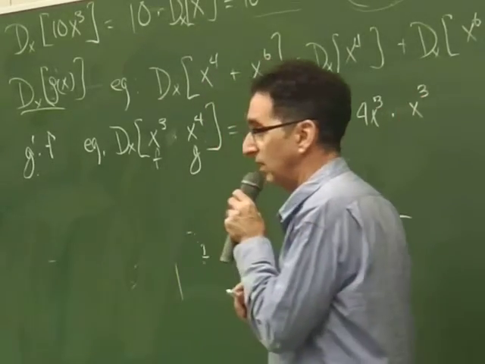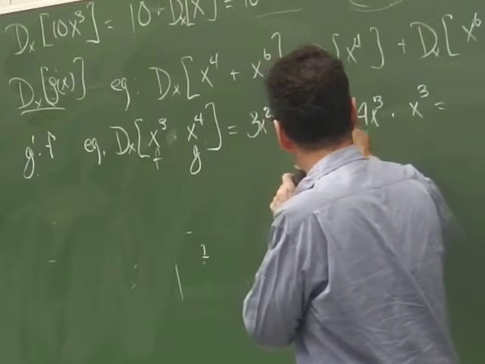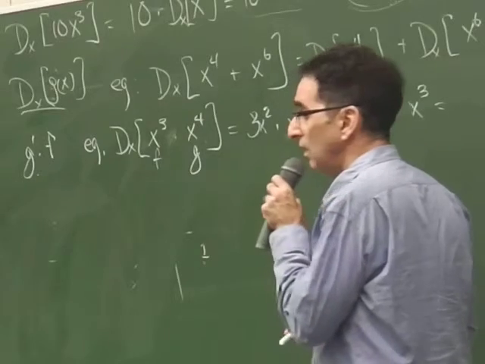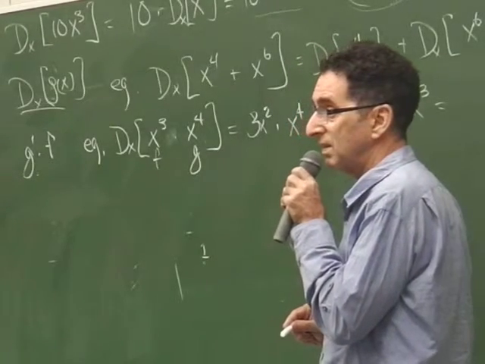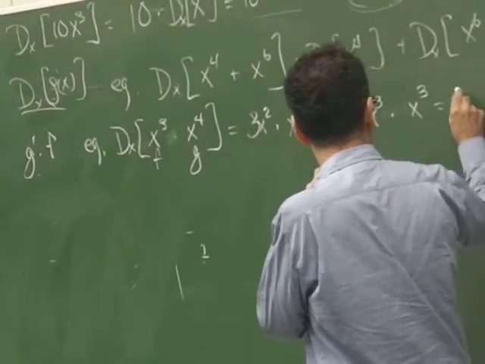So that would be the answer, which you could rewrite like this: 3x to the 6th plus 4x to the 6th is 7x to the 6th.